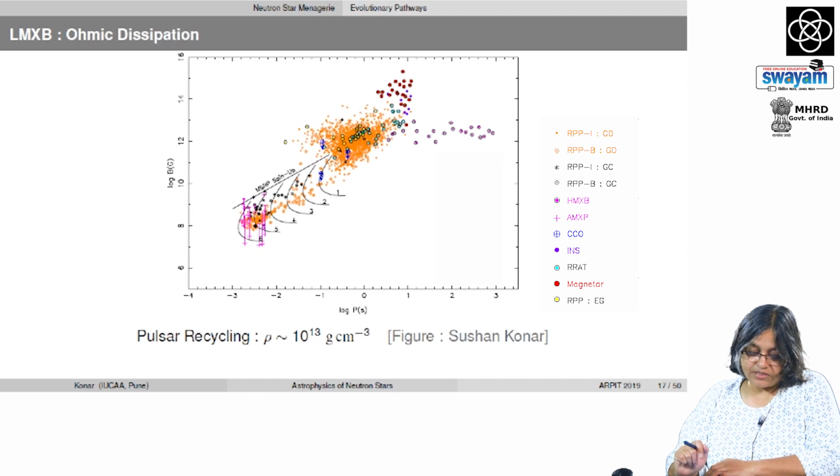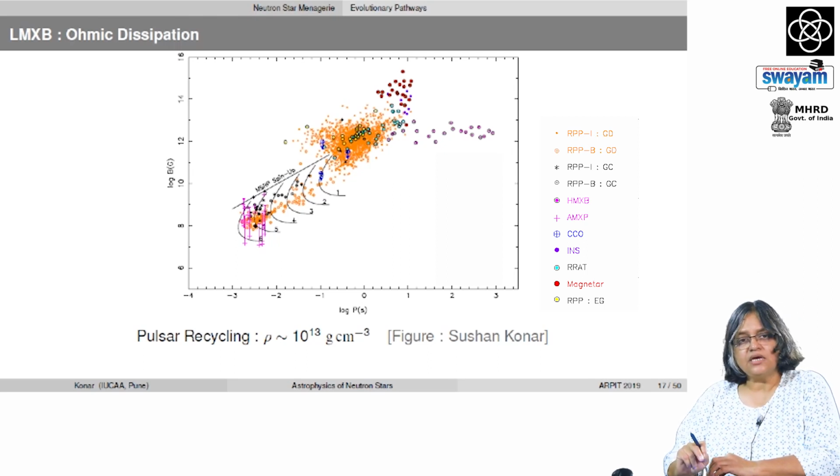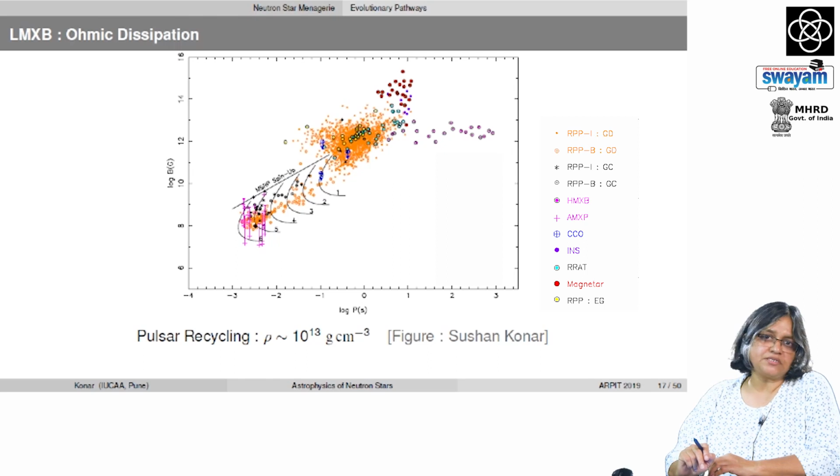Now, we see that after doing this exercise a little bit, the pulsar recycling scenario fits the ohmic dissipation hypothesis very nicely if the crustal currents are mainly concentrated at about 10^13 grams per cc, which is somewhere in the middle of the crust.